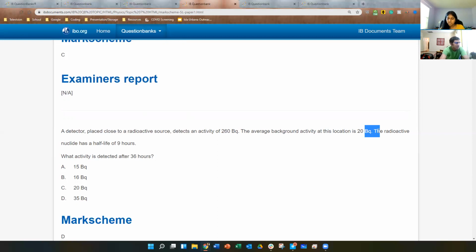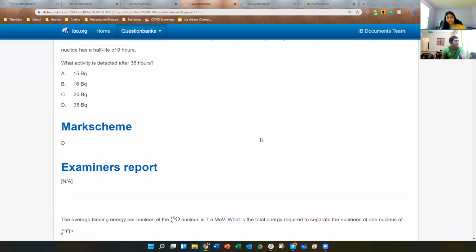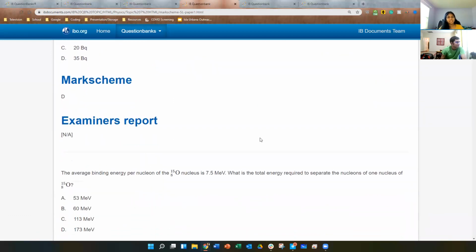If you have 240 to begin with, you divide that by 16 and get 15, and then you add back in the 20 background. So 15 plus 20 is 35. You add that back in because it's detected, right? Wow, that's tricky. It's not hard, you just have to take that into account.